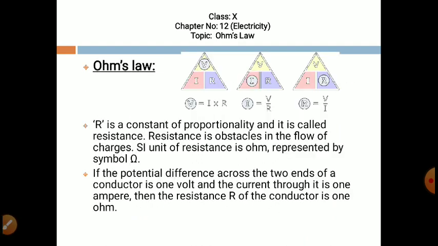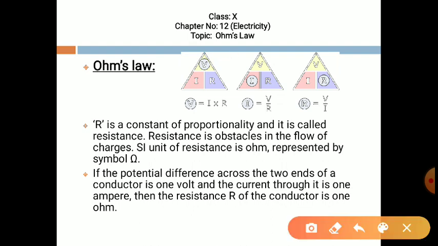So here is Ohm's law. Ohm's law gives us a formula V is equal to IR. So if you have to find out V, then I into R. V is equal to IR.